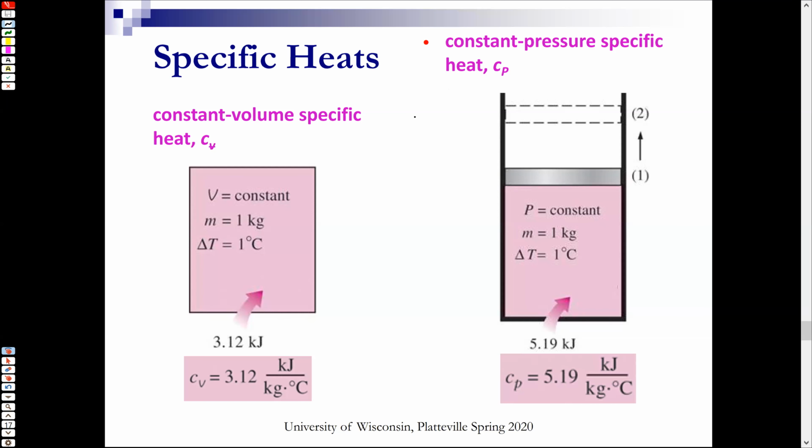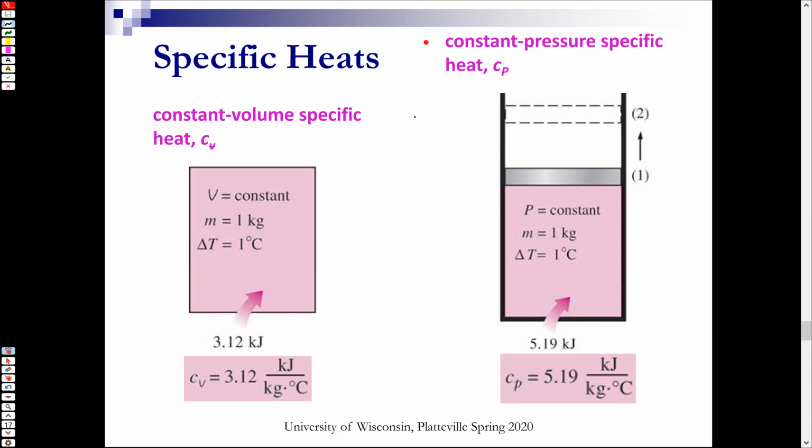Provided that we have a constant volume of a material, if we heat it so much that the temperature of the material inside this constant volume tank increases by 1 degree Celsius, the amount of heat consumed is called constant volume specific heat, and we denote it by Cv.